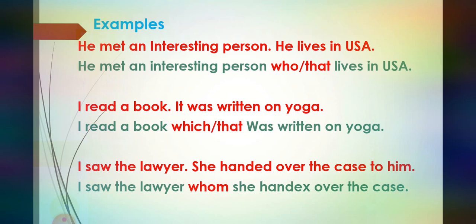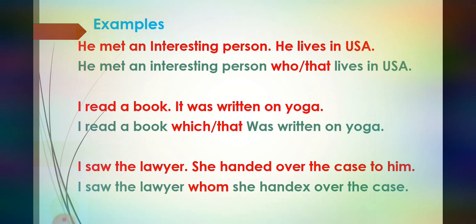These two sentences will be connected like this: I read a book which or that was written on yoga. I saw the lawyer. She handed over the case to him. I saw the lawyer whom she handed over the case.